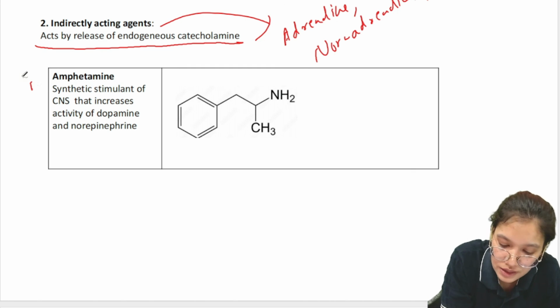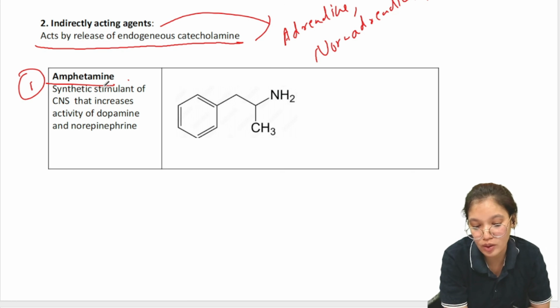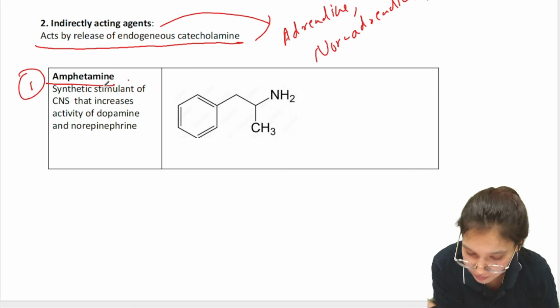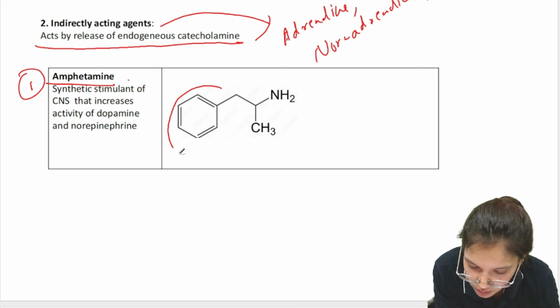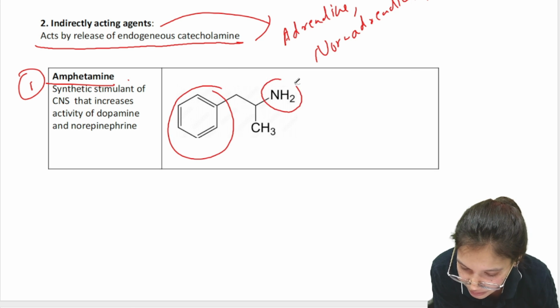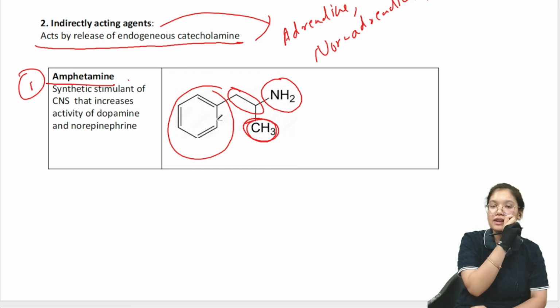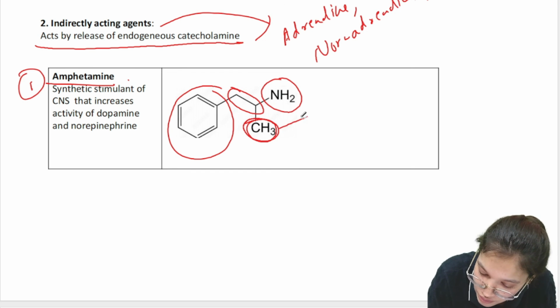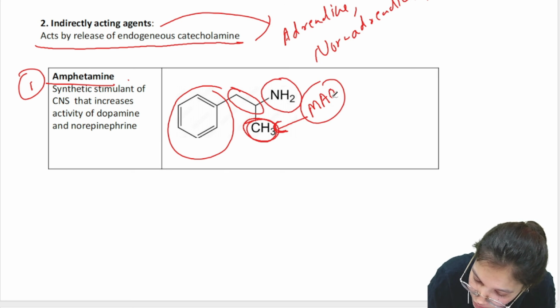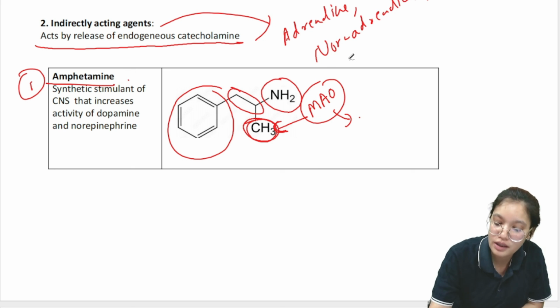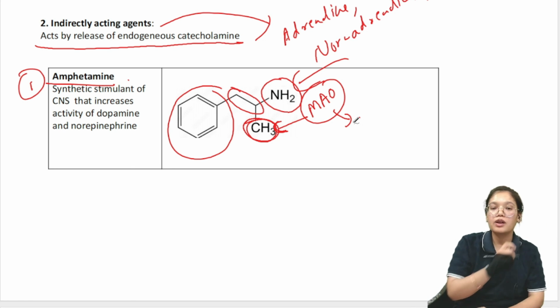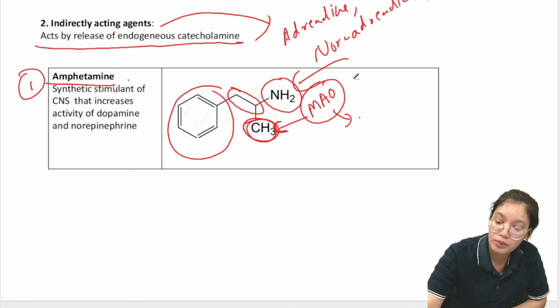So first is amphetamine. Its structure is very simple. We just have a benzene ring, an amine, an ethylene chain, and a CH3 here. We already discussed this before. Due to this CH3, the enzyme is not able to degrade this monoamine.